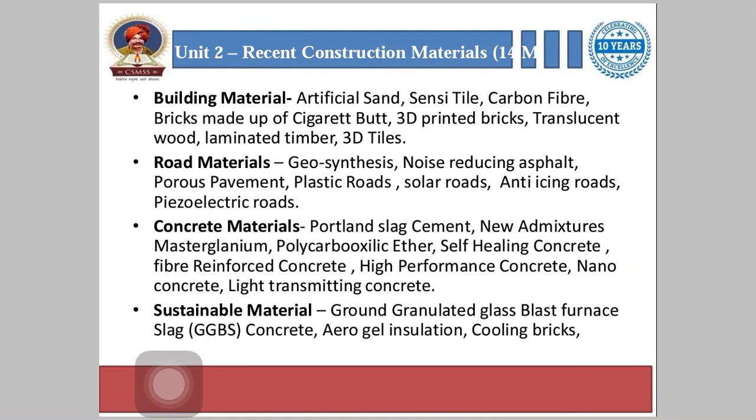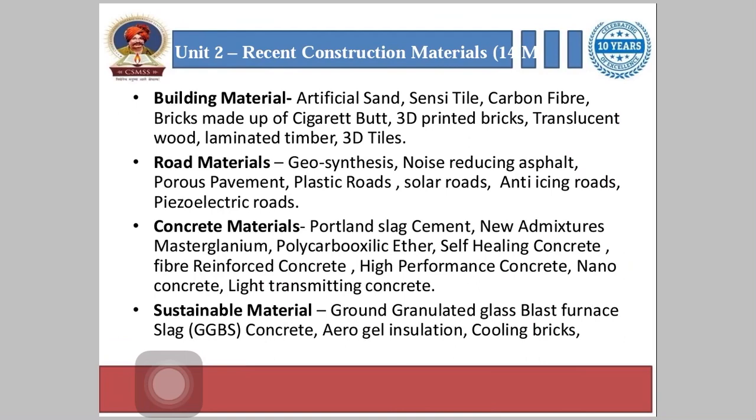anti-icing roads, piezoelectric roads. Next, concrete materials. Concrete materials like Portland slag cement, new admixtures, master glenium, polycarboxylic ether, self-healing concrete, fiber reinforced concrete, high performance concrete, nano concrete, light transmitting concrete.